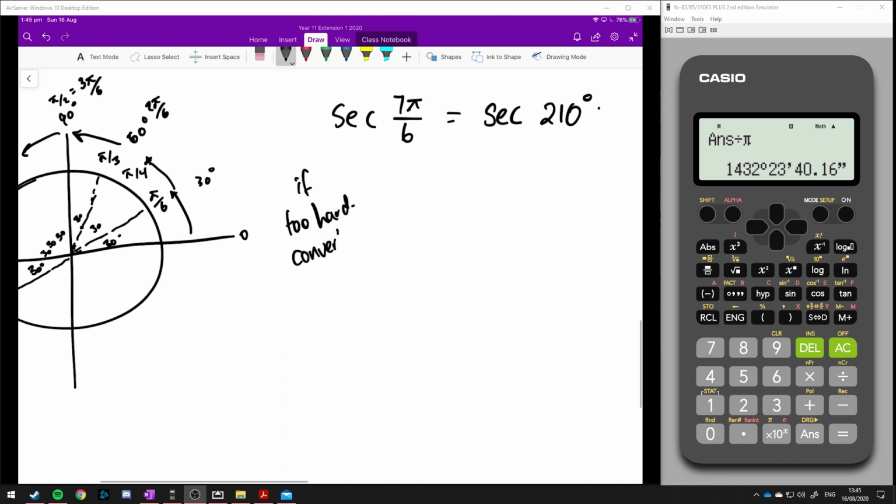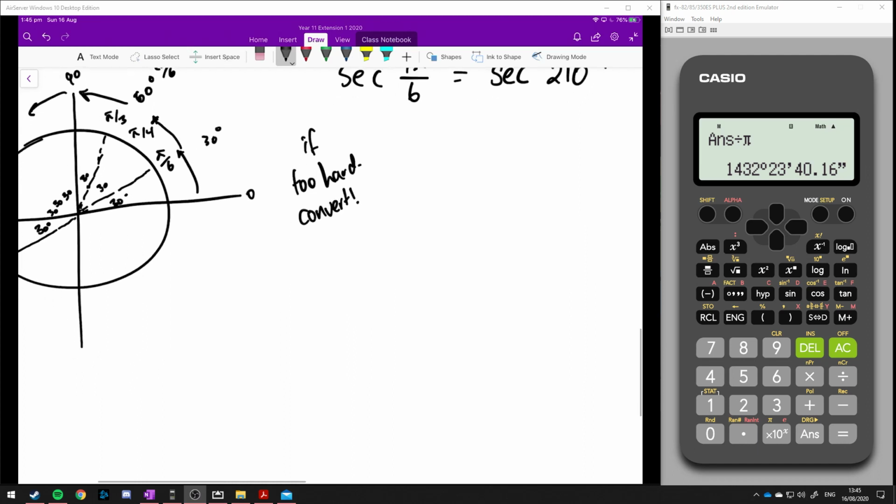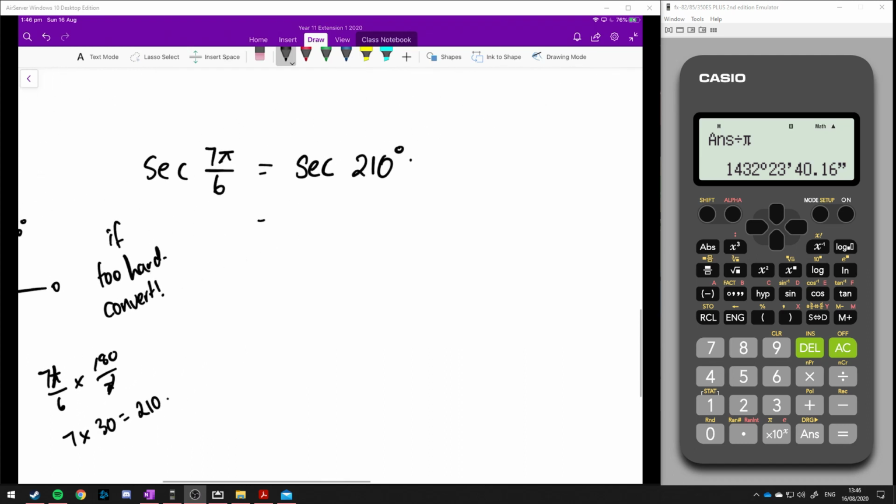So 7 pi on 6 times 180 on pi. The pi's cancel out, and 180 divided by 6 is equal to 30. So this just becomes 7 times 30, which is equal to 210. So you can make that simple conversion if you want to, and it works as well.